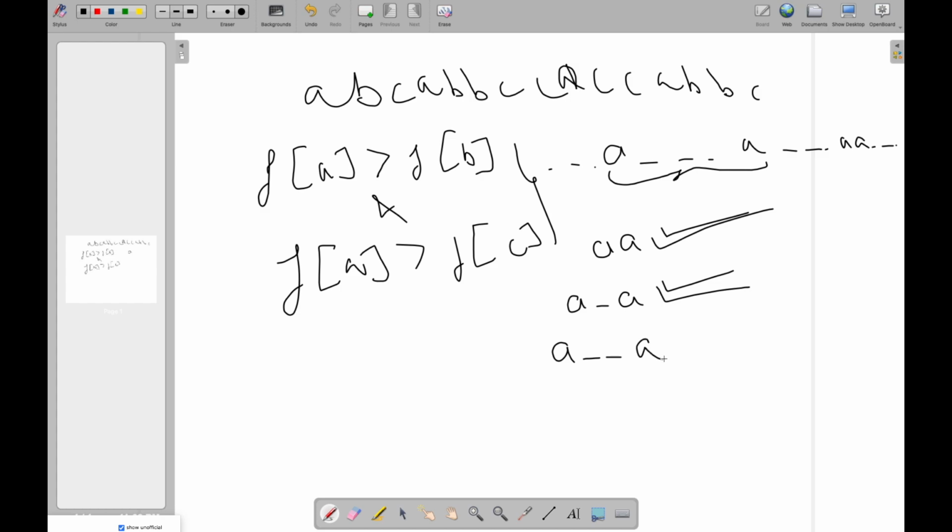For two spaces, I will do it, but before that, let's have a look at three spaces. Whenever we have three spaces, you can see that it would be either all B, or one of them would be C, or two of them would be C. But in any case, either the frequency of B is 2 or the frequency of C is 2, which makes this substring not valid.